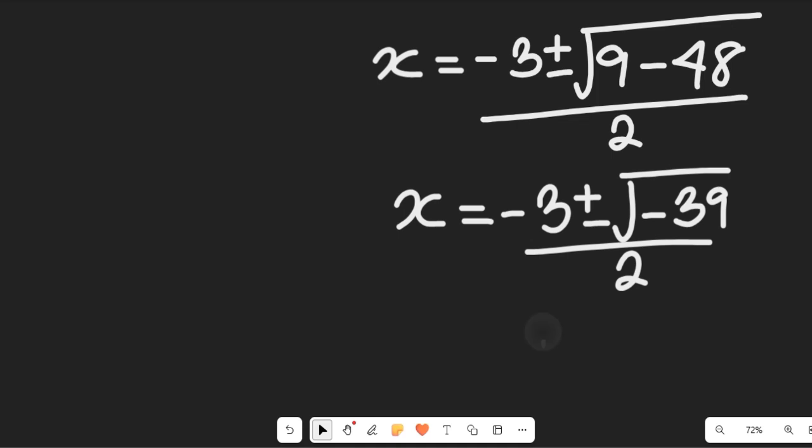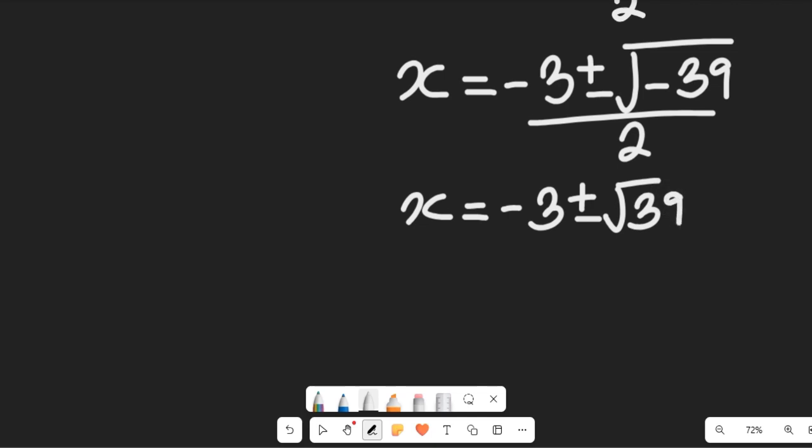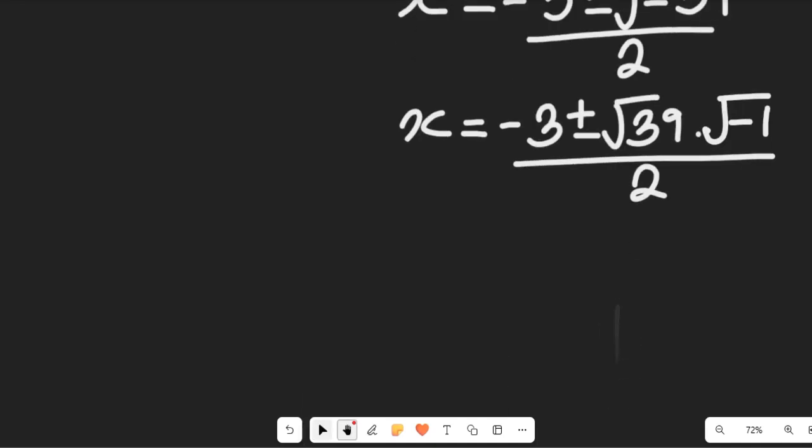Now 39 can be separated to give us the value of our x equal to negative 3 plus or minus square root of 39 multiplied by the square root of negative 1, and all of these will be divided by 2. So what do we have?